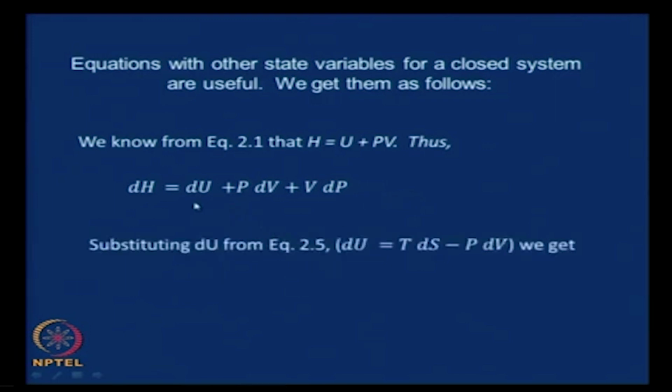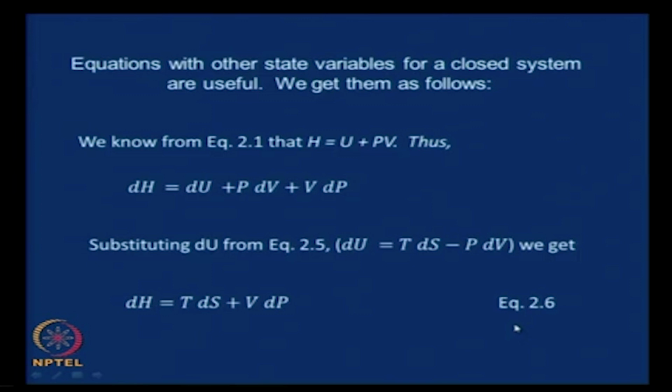We already know dU is TdS minus PdV, that was our equation 2.5 earlier, and if we substitute this here, we have TdS minus PdV plus PdV, so these two will cancel out and we have dH equals TdS plus VdP. This is equation 2.6 that we ended up with in the last class.